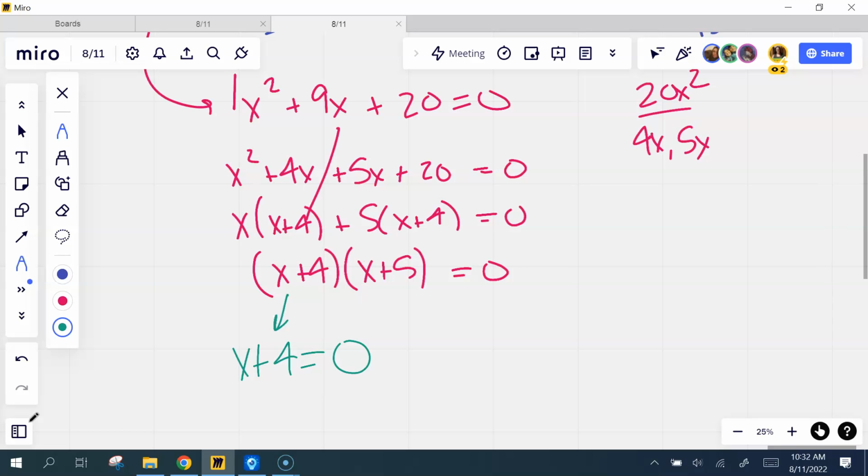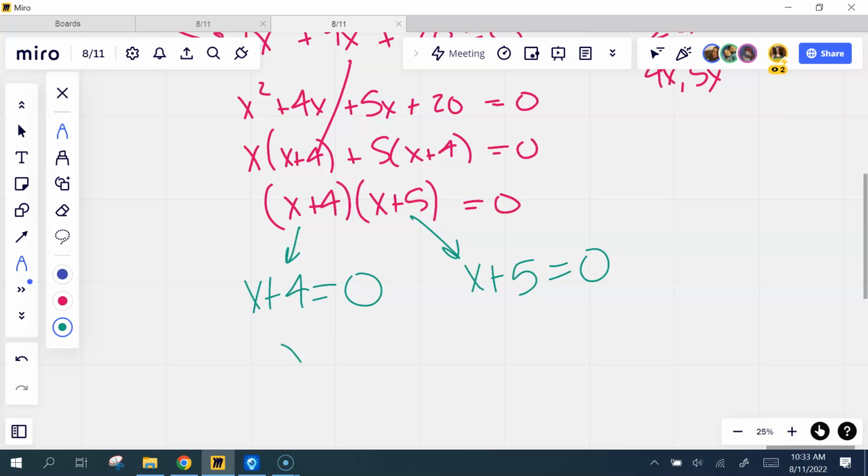Yes? And if this equals 0, it will make my equation true. Yes? I have two solutions to quadratic equations, or I can have up to two. X equals -4 and x equals -5.